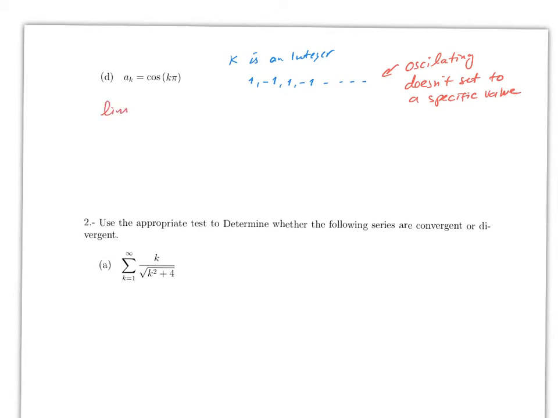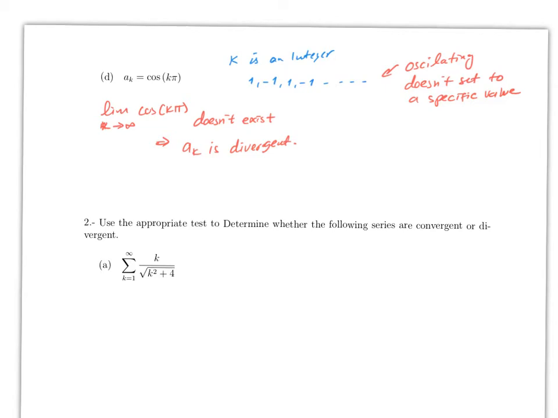So therefore the limit as k goes to infinity of cosine k pi doesn't exist. So that implies that a_k is divergent. That's it. Okay, now let's move on to number two.